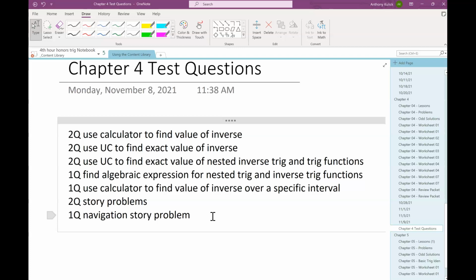Like figure out the standard position angles for the bearings, find the final position, find the speed, find the final bearing or whatever. It breaks it up a little bit so you don't forget to do something, and gives you a little bit of narrative as to what to do when. Yeah, just trying to be helpful.